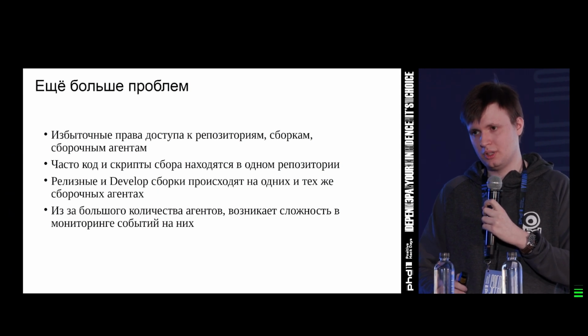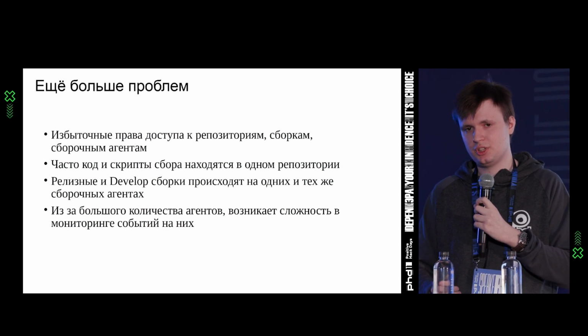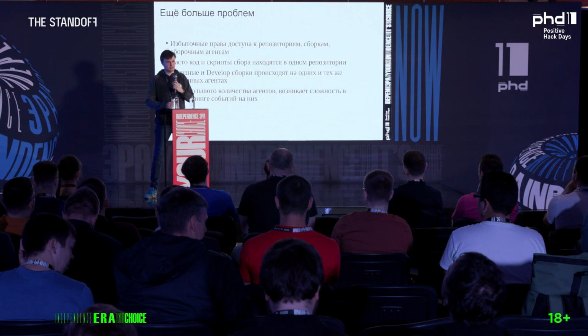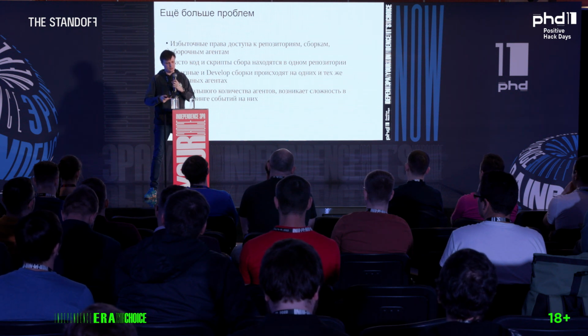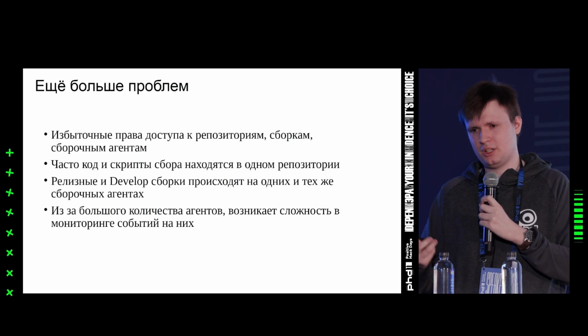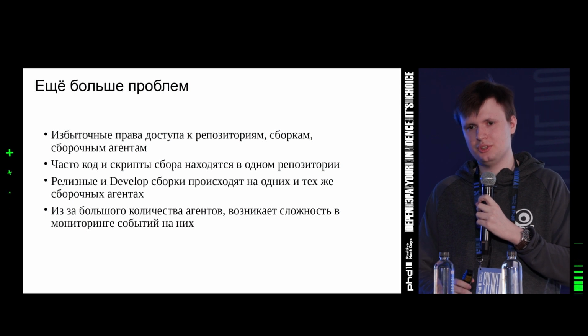Some other issues: excessive access rights to the rep, to builds, and build agents. Here we have a new staff member. There are many projects with code, so the person is usually added to a group having access to a lot of repositories.